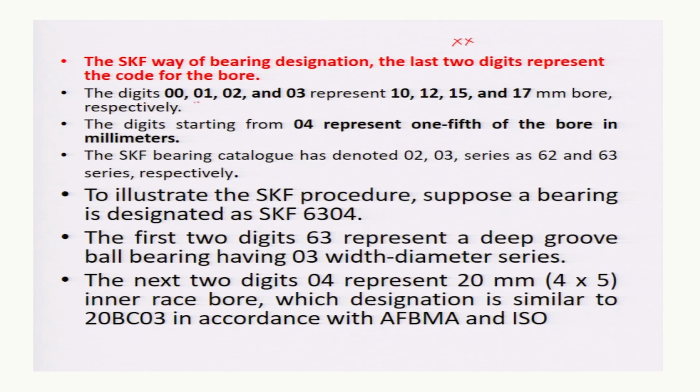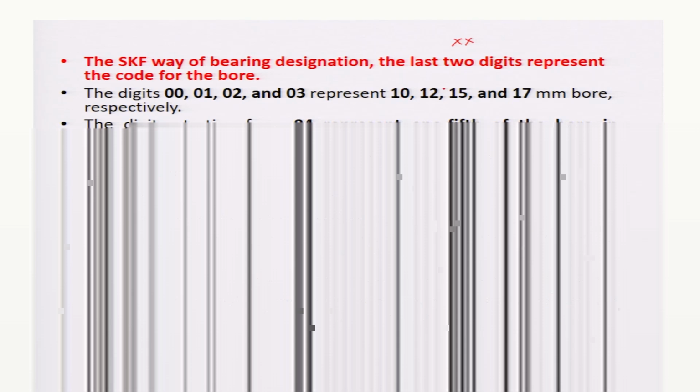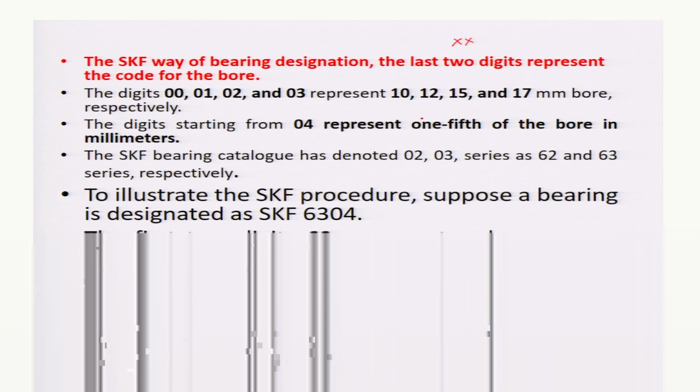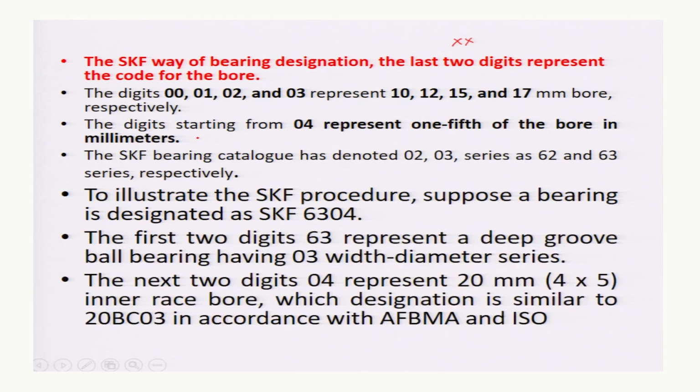The digits 00, 01, 02 and 03 represent 10, 12, 15 and 17 mm respectively. If 00 is there, then the bore is 10 mm; 01, the bore will be 12 mm. If 02 is written here, then the bore will be 15 mm.